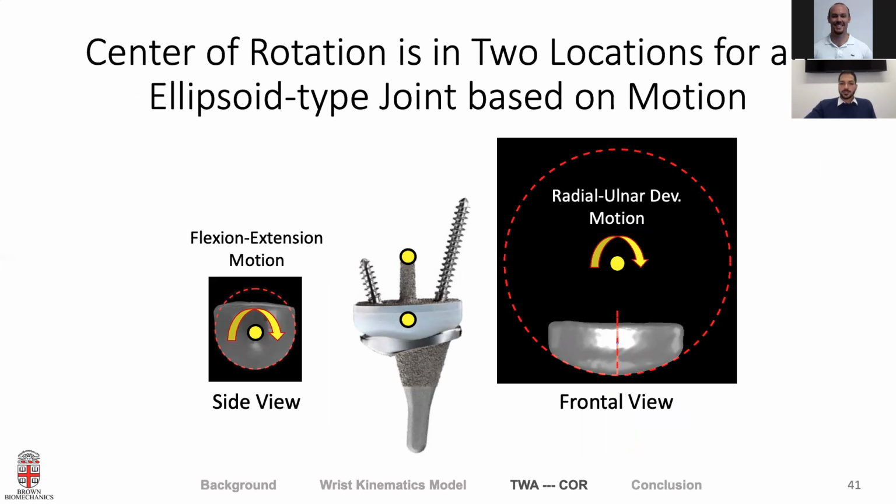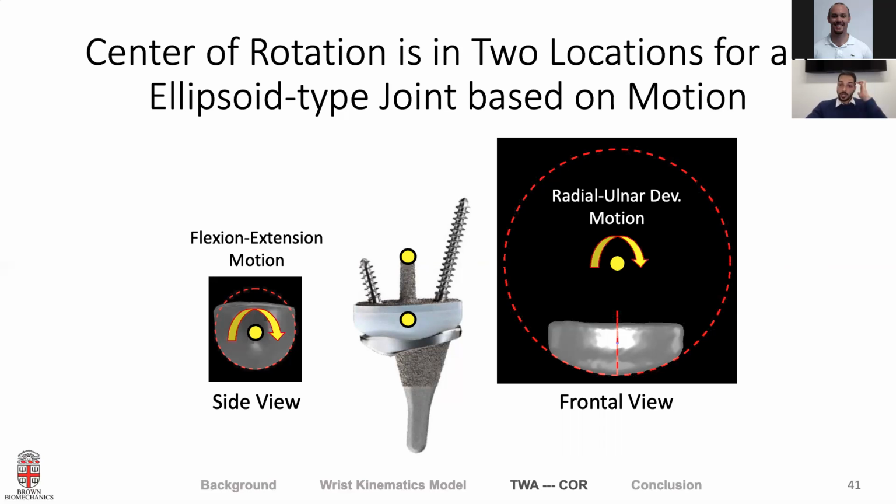Ellipsoidal joints are basically two spherical rotations. For flexion extension, if you look at the side view of the image, the articulation is about the smaller curvature. And for radial ulnar deviation, the right picture, this articulation should happen about the center of the larger curvature.